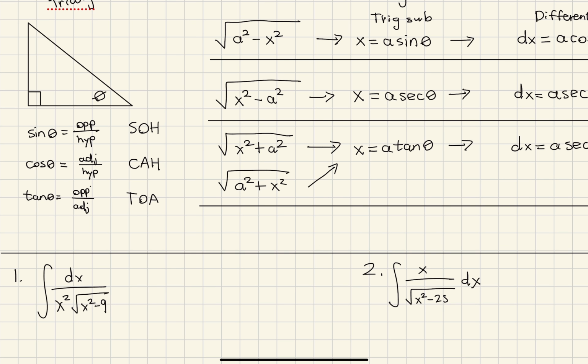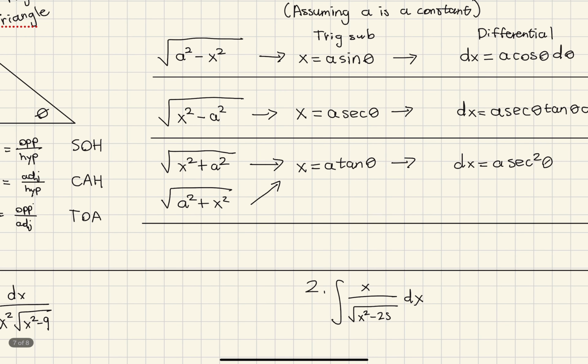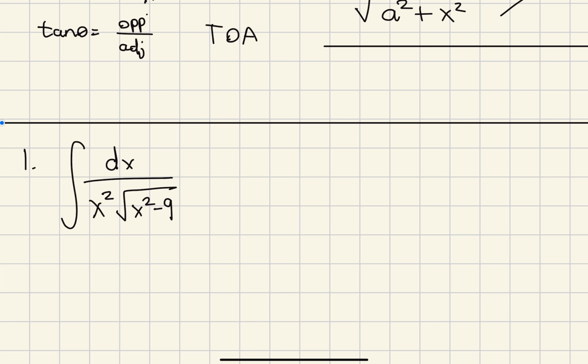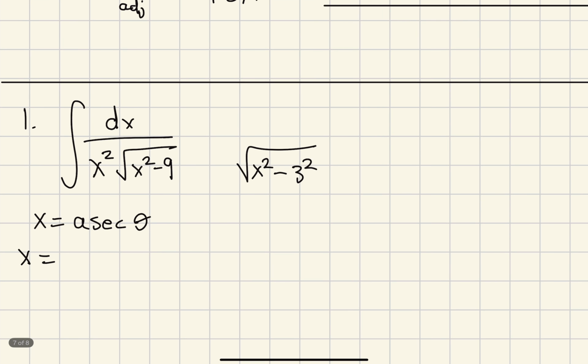So what we will have is x equals a times secant theta. So now we have x equals a, and the a, as we remember, would be 3 squared. So 3 secant theta.